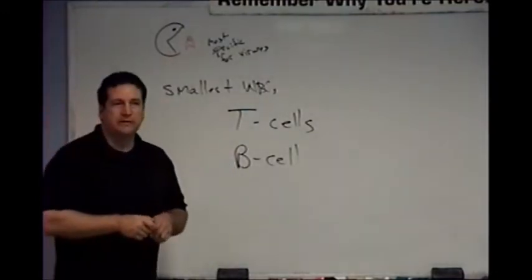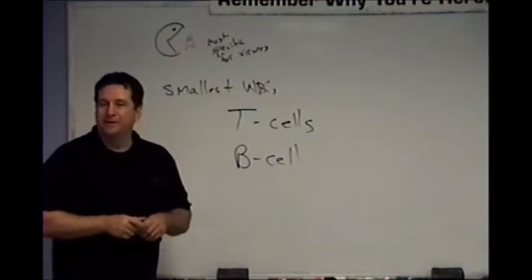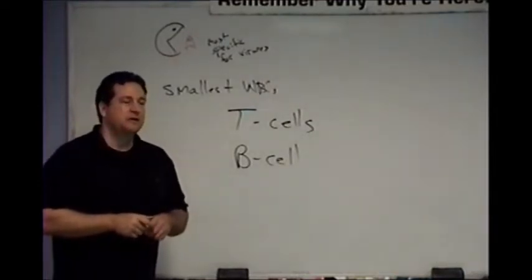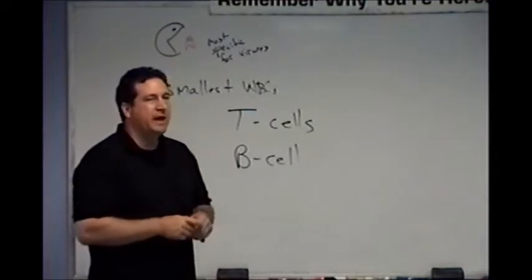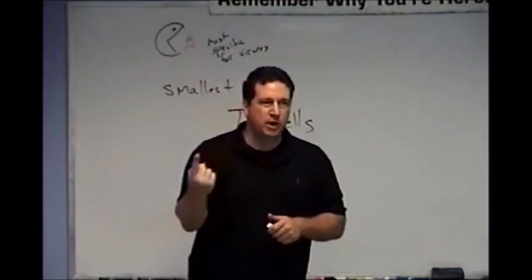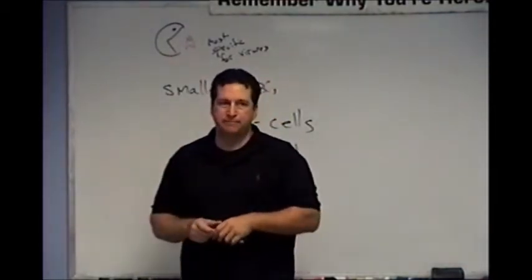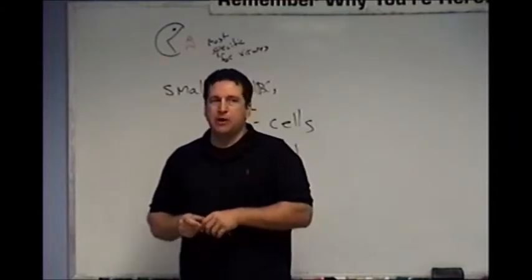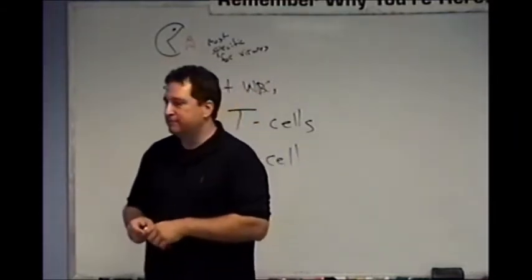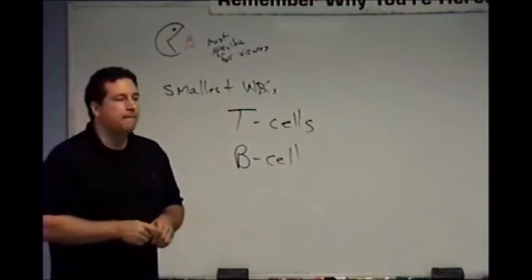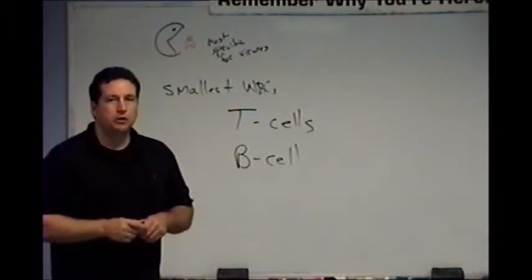Because we are still not done talking about the agranulocytes. There is still one more type of agranulocyte. Lymphocytes was one, this is the second type. They are called monocytes. Monocytes are large.